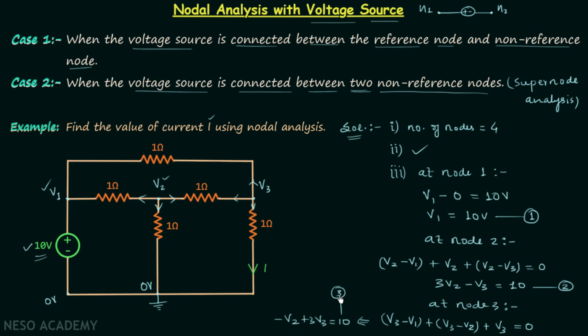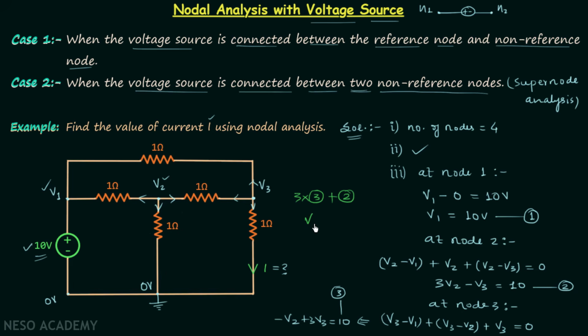And we want to calculate this particular current because this current is equal to I, and we are required to calculate I. Now to have this current, we need the potential at this point, that is V3. So we will solve the second equation and the third equation to have V3. So simply multiply 3 to equation number 3 and then add it to equation number 2.